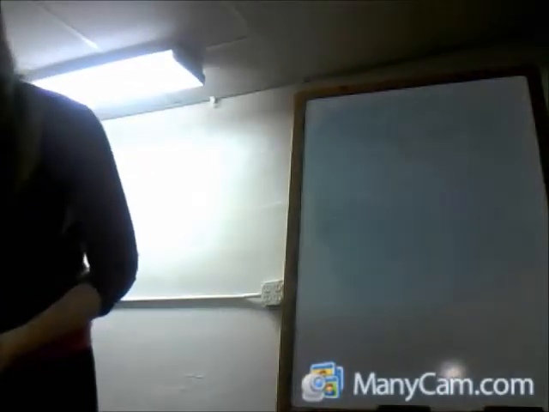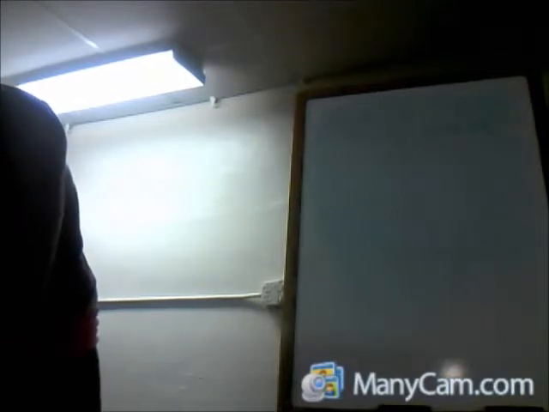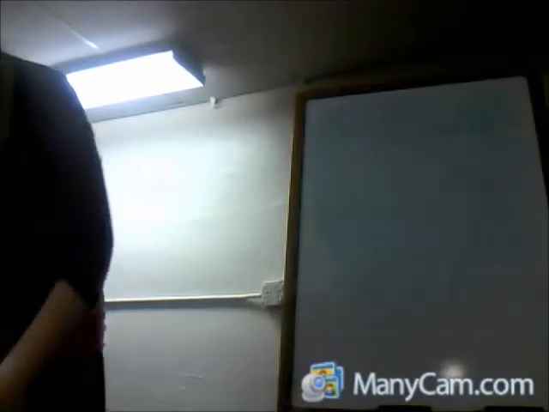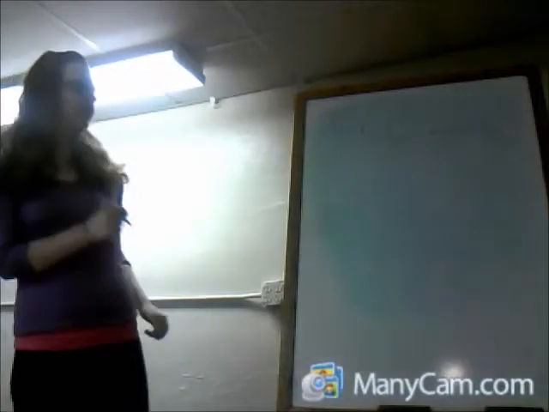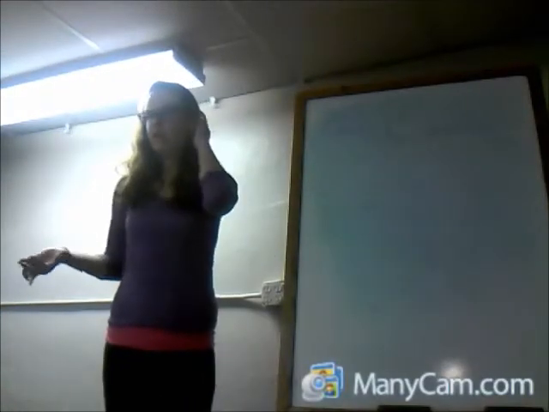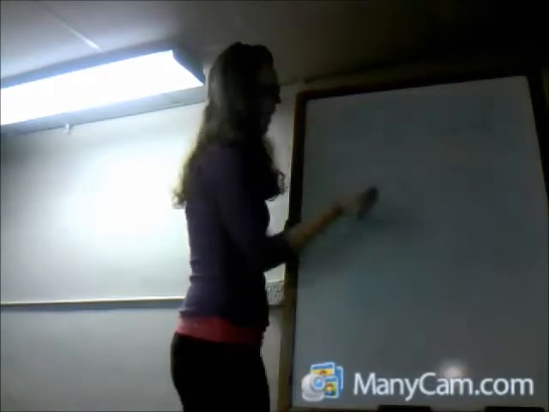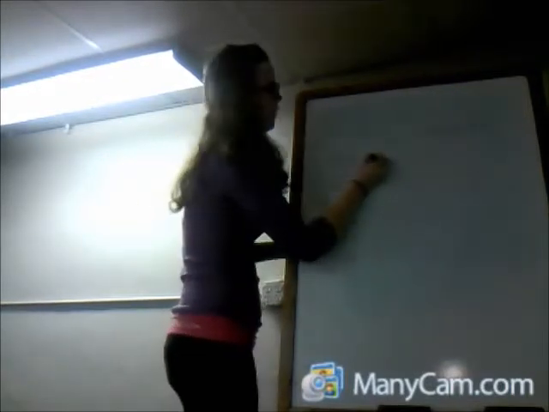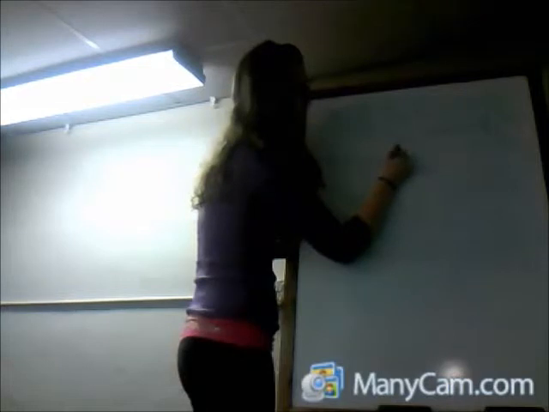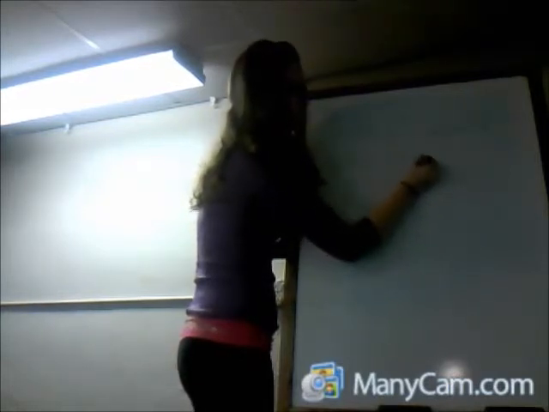They say k is a constant, and this represents the number of bees. On what number day was the number of bees in the hive the same as it was on day 10? So first, let's look at the expression for the number of bees on day 10. We say n of 10, and we put 10 every place where t is. So we've got 10 squared over 2 minus 20 times 10 plus k.